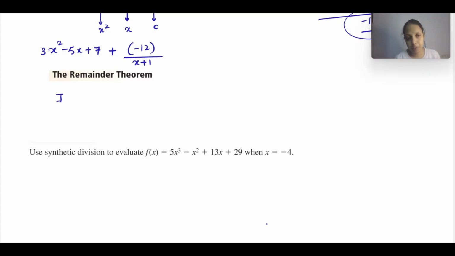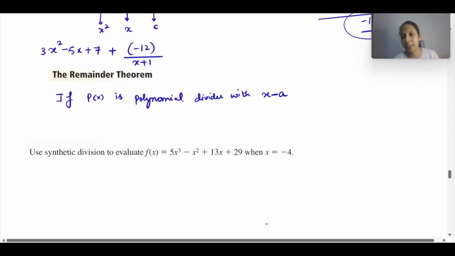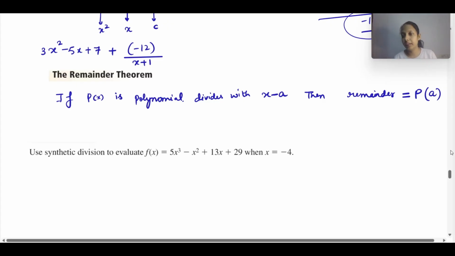It says if p(x) is a polynomial divided by x minus a, and make sure the remainder theorem is only used when you divide with a linear polynomial, okay, divide with x minus a, then the remainder is equal to the polynomial at a, the polynomial value at a. That will be the remainder.